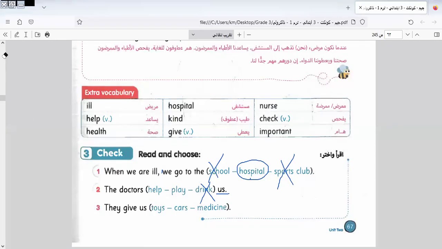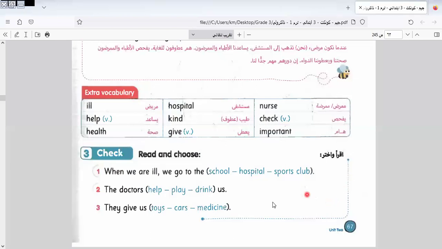Sorry, I made a mistake here. Play? Wrong. It will be: doctors help us. They give us medicine. Can they give us cars or toys? Wrong. I do this because I put myself in your place in the exam, selecting the correct answer, and you should think the same way as you do in the exam.